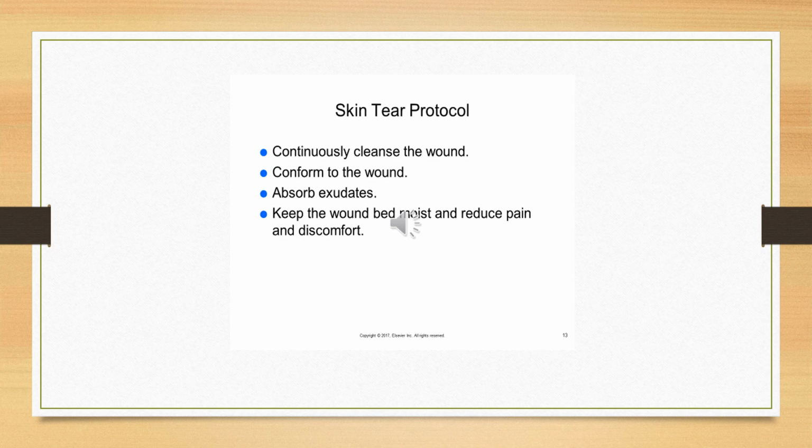So when you're choosing your dressings, you're going to choose dressings that absorb that excess drainage. But like I said, you want a moist wound bed to promote healing, but you don't want excessive drainage. So there's a difference between those two.